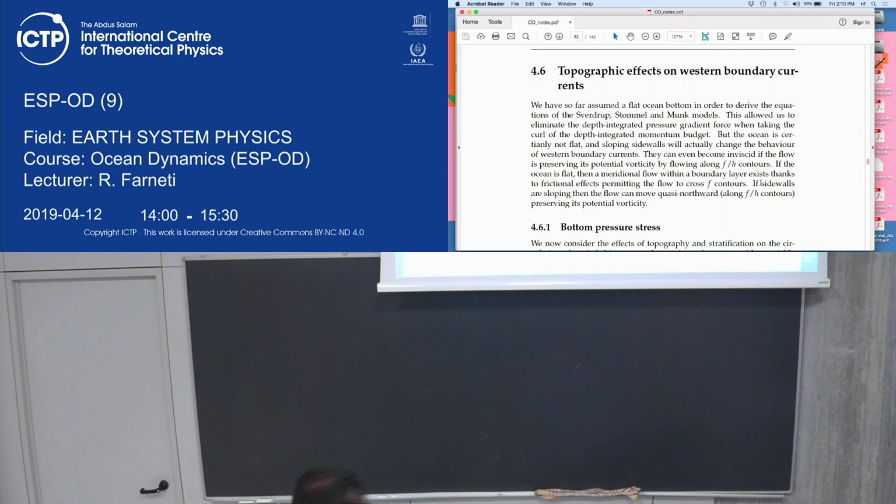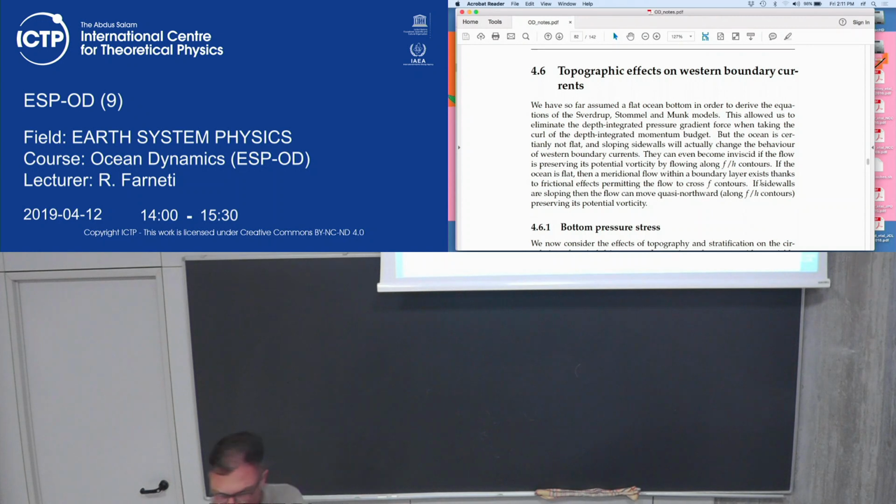Anyway, what we did the last time was to look at the topographic effects on the western boundary currents. In the Stommel and Munk problem, we were considering linear bottom drag or horizontal biharmonic friction to explain the balancing vorticity. And we always took the ocean to be a flat bottom.